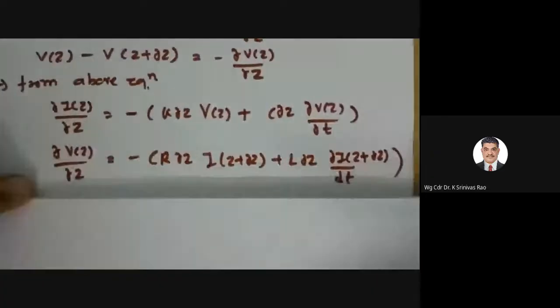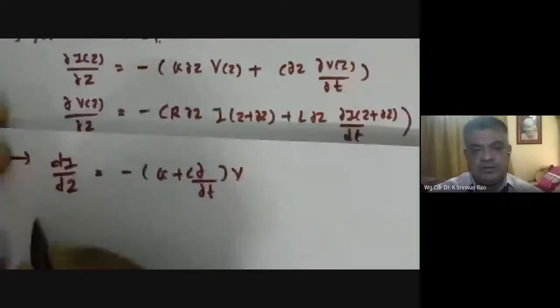Now, in terms of ∂I(z)/∂z, it is equal to minus of G plus C ∂/∂t times V. The capacitance values are taken into this, and we place the other terms as they are.